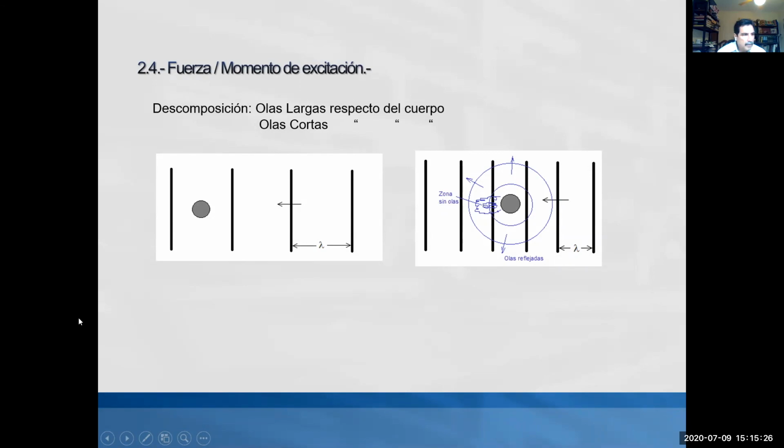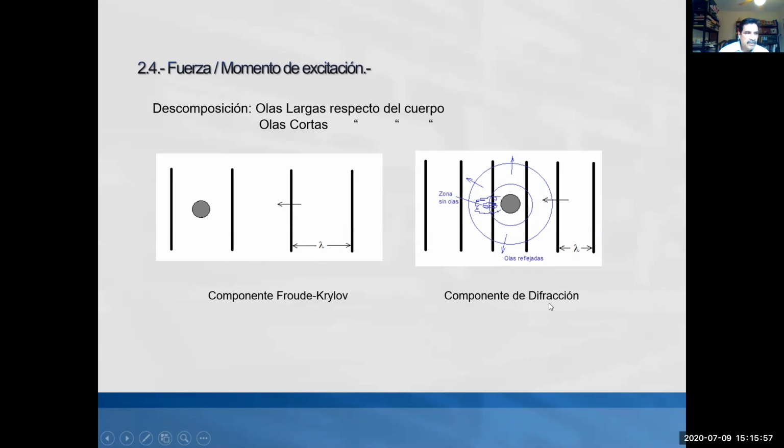Okay, so we recognize that these two situations are very different. So when we think that this is the behavior of the ship, we say that we are facing the Froude-Krylov approach. And when we have this, we have to include these effects. We talk about the diffraction problem, okay?